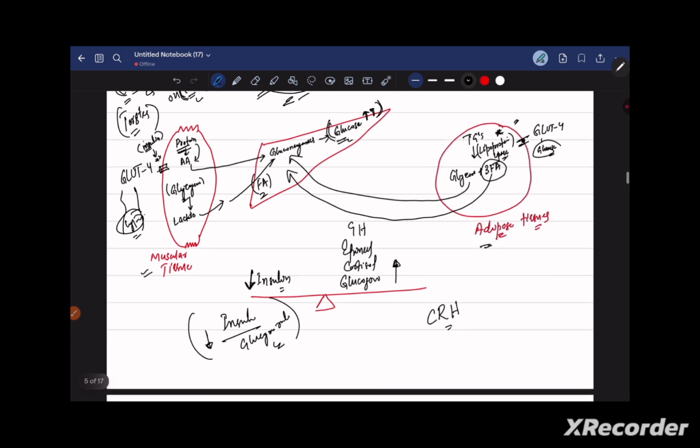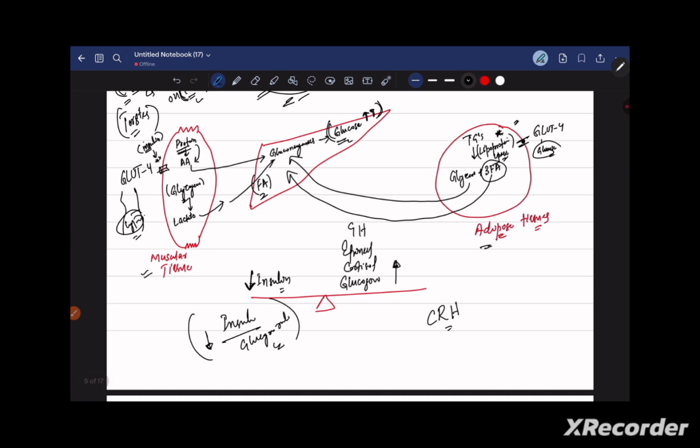Remember, with this decreased insulin-glucagon ratio, lipoprotein lipase is very sensitive to this ratio. When there is a normal concentration of insulin in the body, this lipoprotein lipase is not sensitive, so this breakdown will not occur in the normal situation. But when there is a decreased insulin-glucagon ratio in diabetes mellitus, it becomes hyperactive.